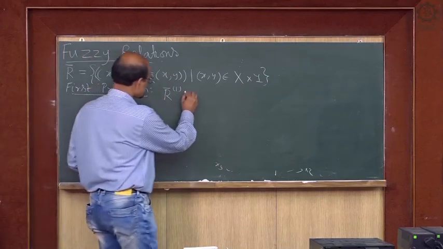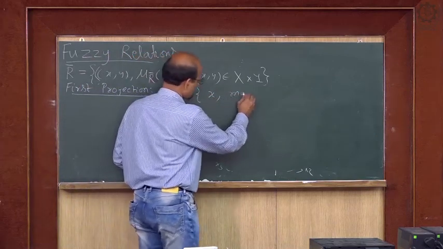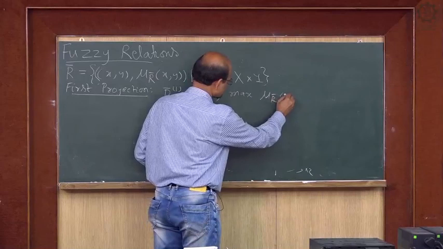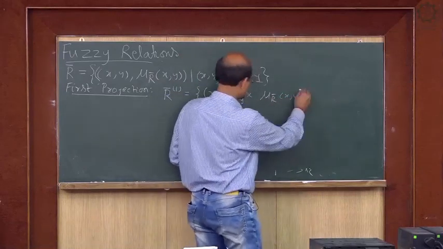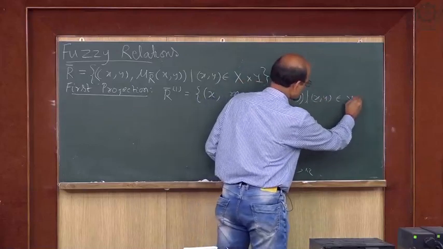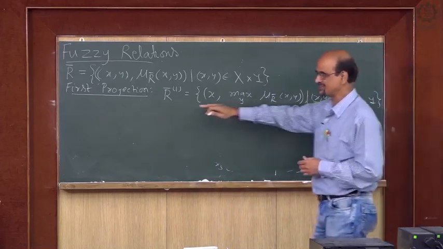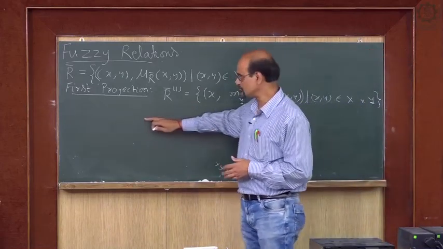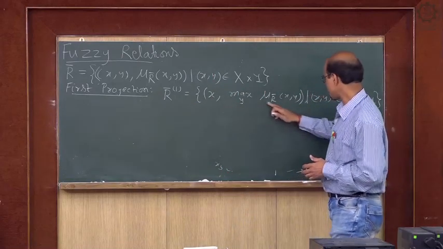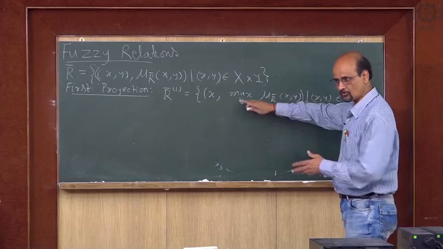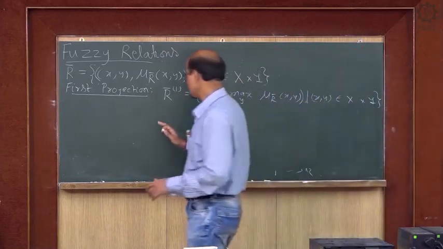We define this as x, comma, maximum of mu R bar (x, y) over y, such that (x, y) belongs to X cross Y. We will take an example, then we will see what this is; it will be more clear then. First projection is defined as x comma maximum of mu R bar (x, y) over all y.